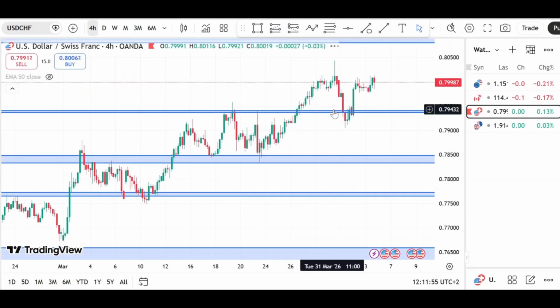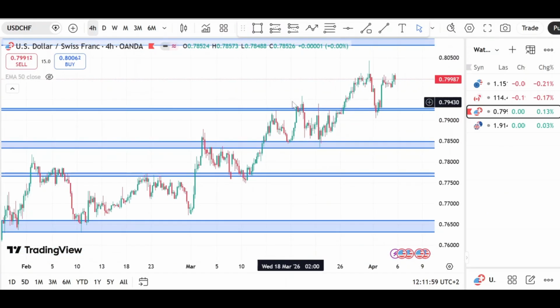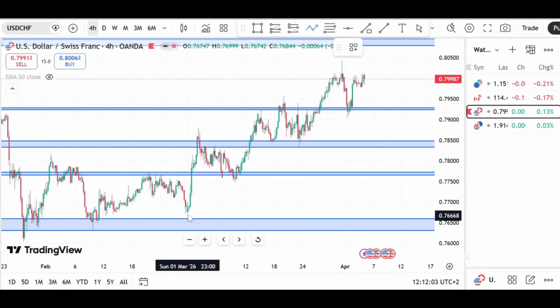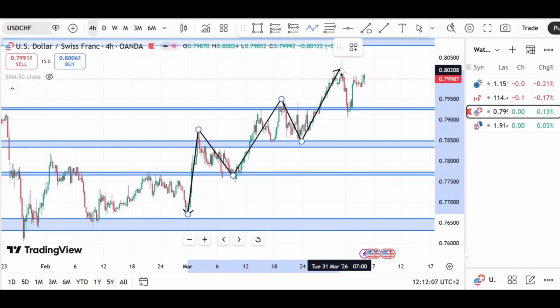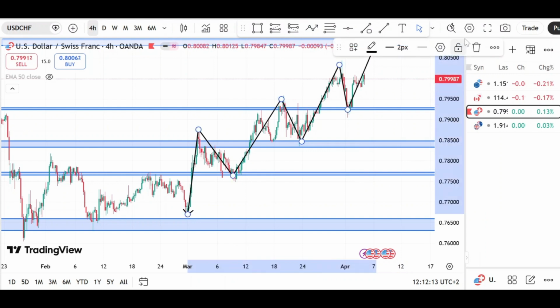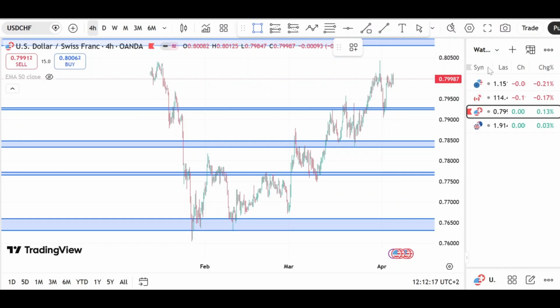The internet is lagging. As you can see clearly, we are in an uptrend where we are seeing higher highs and higher lows, higher high, higher low, higher high, higher low. We expect that the price is going to keep moving in an uptrend.